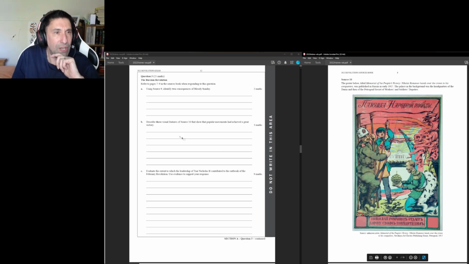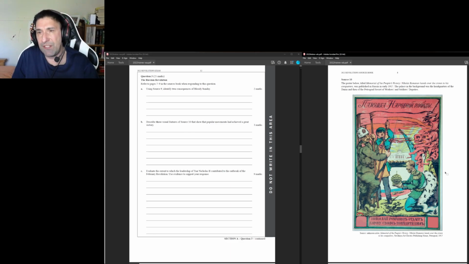All right. So, describe 3 visual features of Source 10 that show that popular movements had achieved a great victory. With images such as this, there's always a lot going on. What you should try to do is to refer to, in this instance, the 3 most significant features.